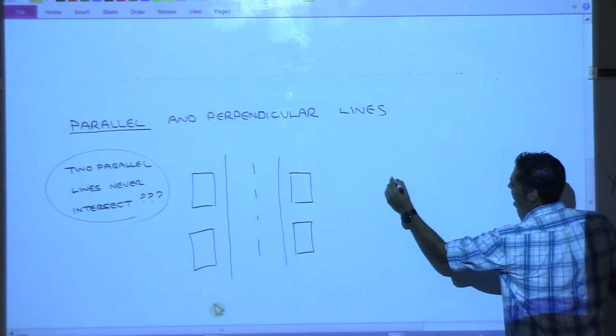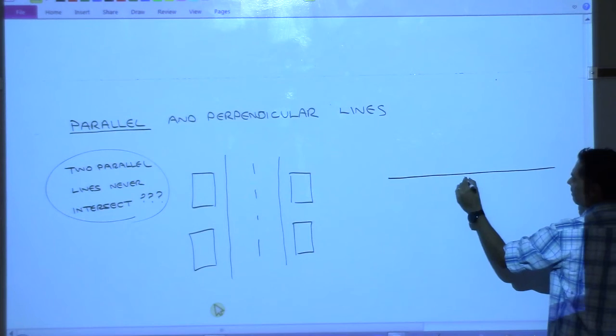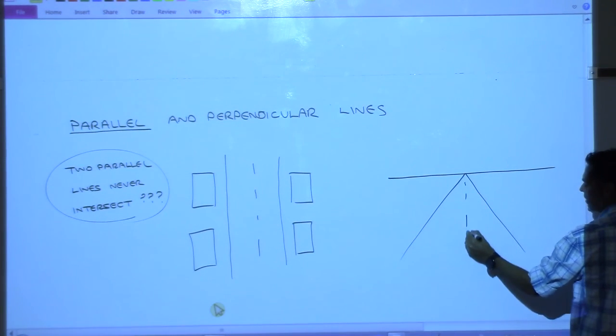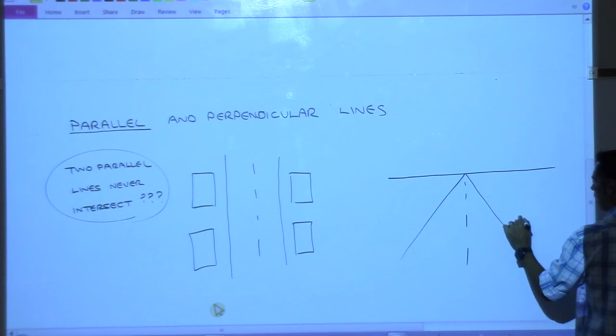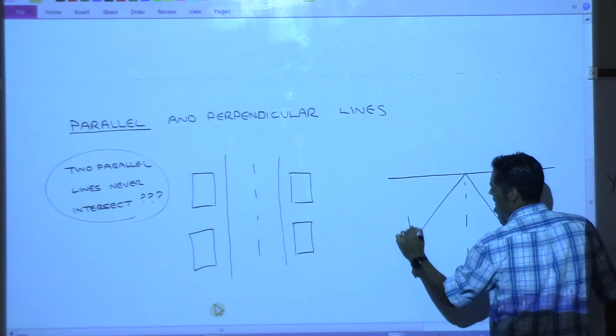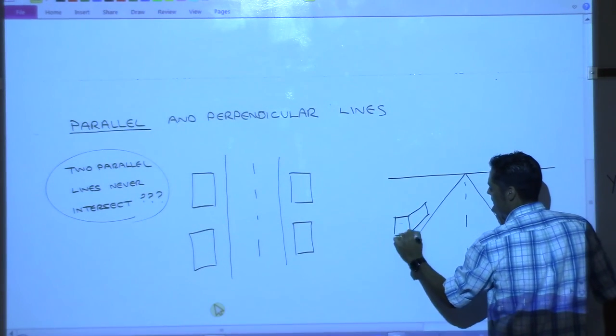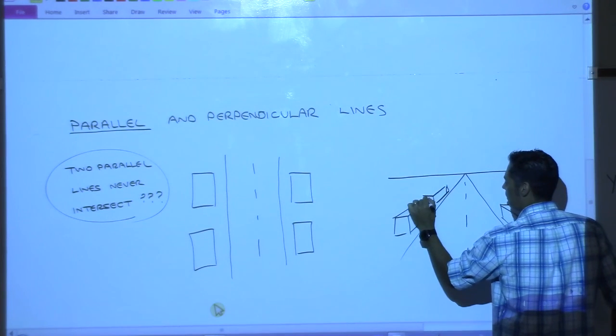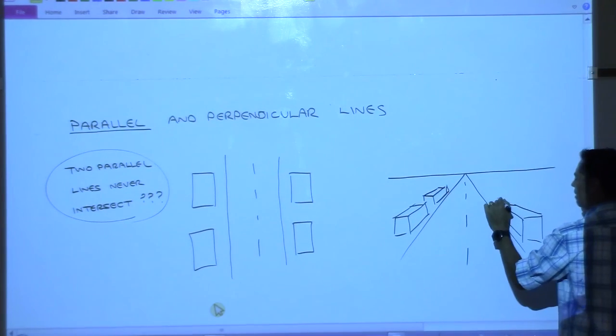I could probably do better if I did this. Right? So this is starting to look a little bit better. Ah, I messed that one up. You get the idea, I think?